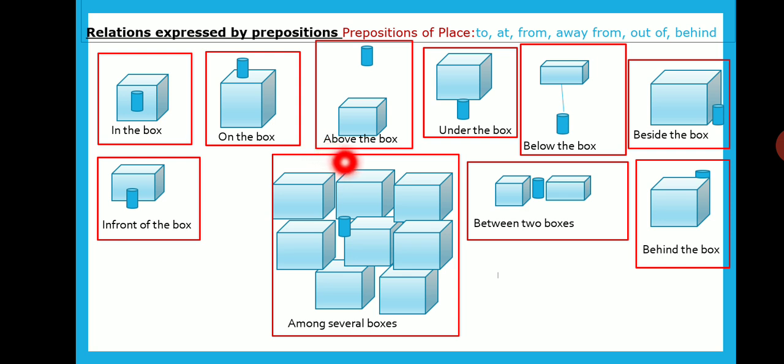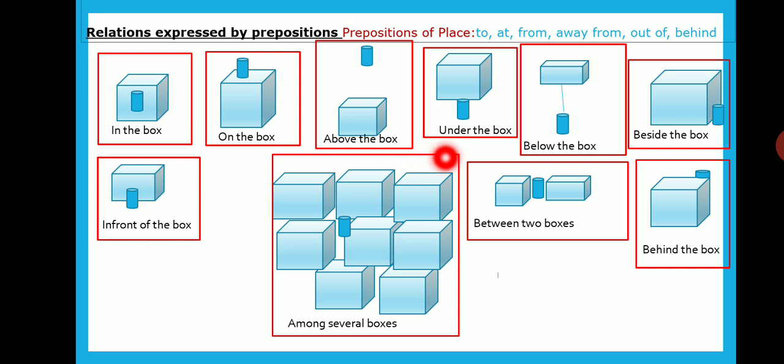Next preposition is above the box. To show above the box, I have kept the can a little above. On is on top. Here you have it on the top. And if you have to use the preposition above, it should be a little more on top. Then the preposition is above the box.